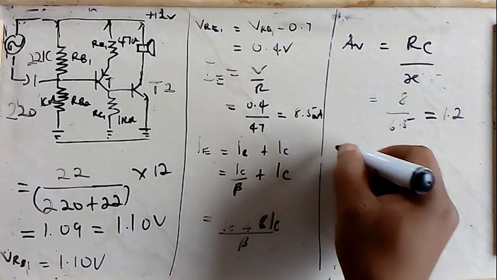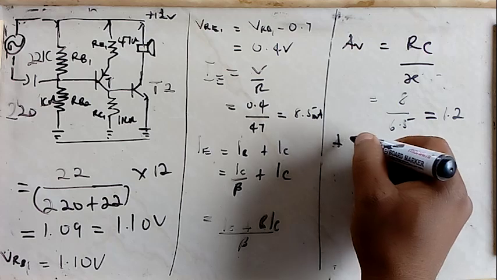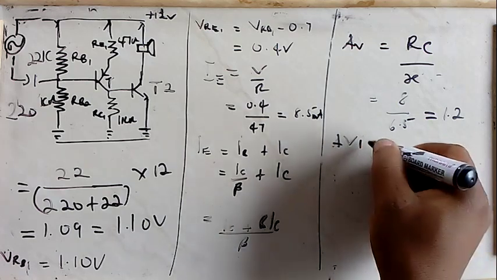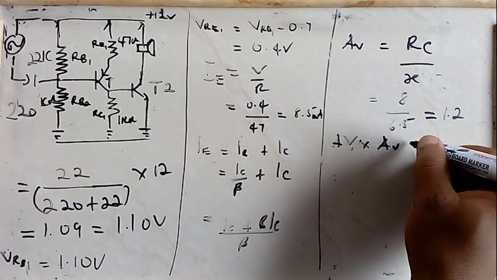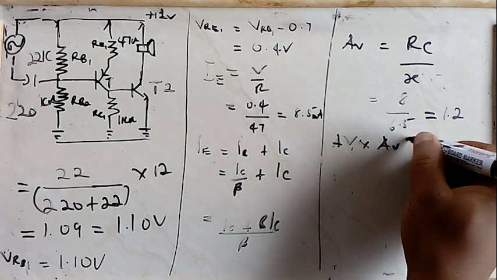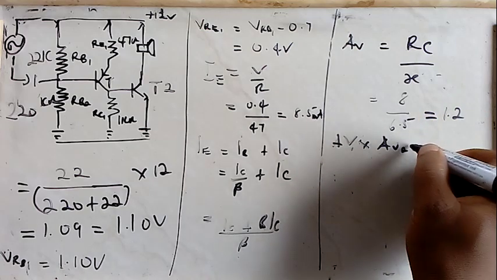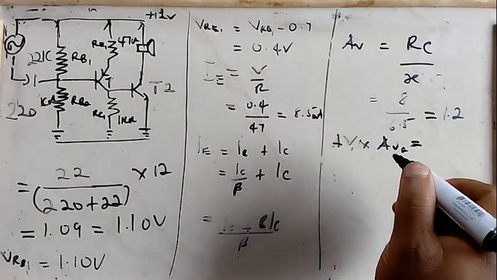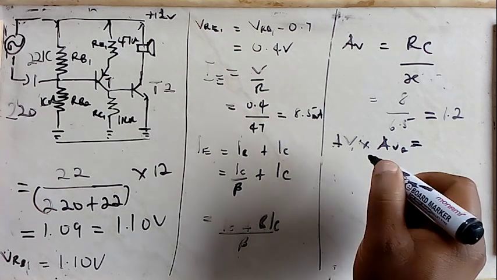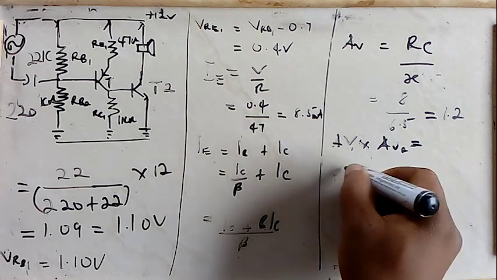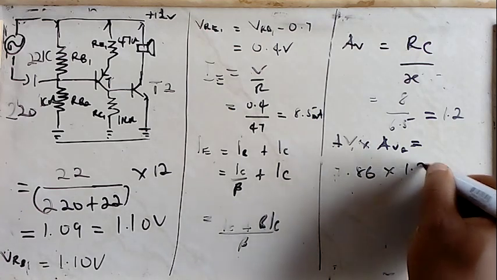So our overall voltage gain is AV1 by AV2. The first one we arrived at a value of 7.86 for the first stage, and the second one is 1.2.